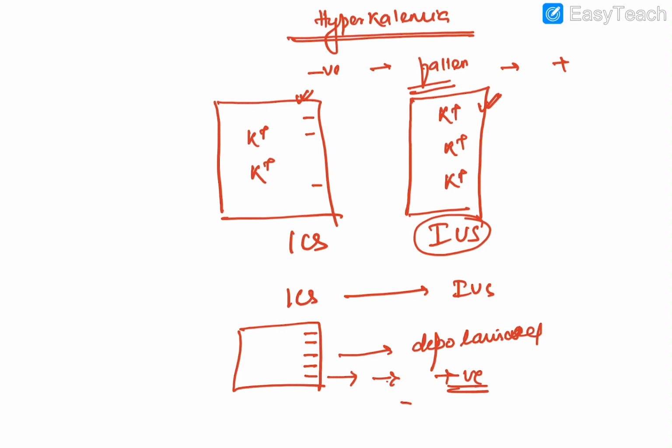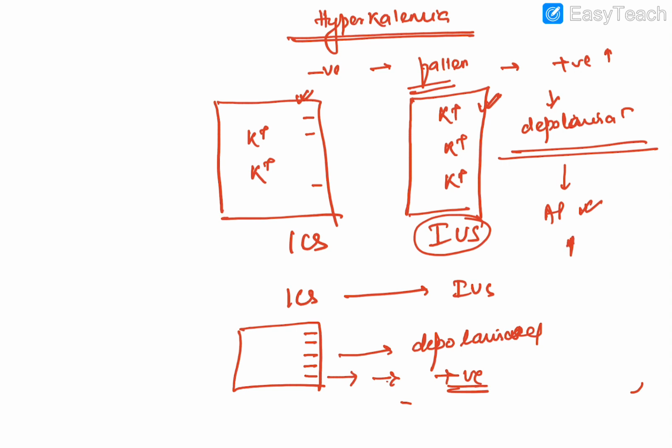That means the positive charge has increased. So this is a state of mild depolarization. Now we might think that because already some kind of mild depolarization has happened, then action potential development would be easier, because only a little bit of increase in the positive potential is now required.